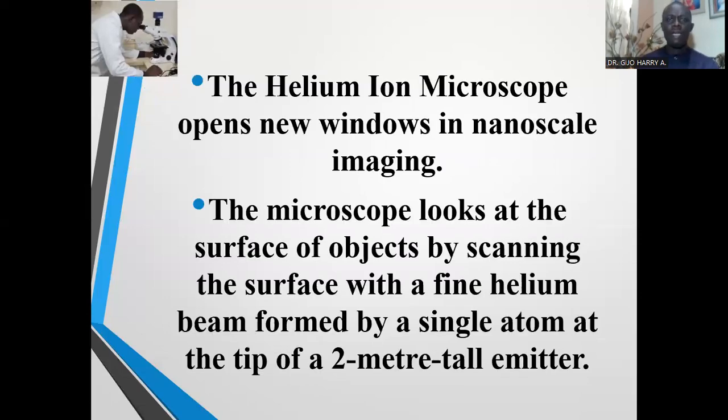The helium ion microscope opens new windows in nanoscale imaging. The microscope looks at the surface of objects by scanning the surface with a fine helium beam formed by a single atom at the tip of a 2-meter tall emitter.